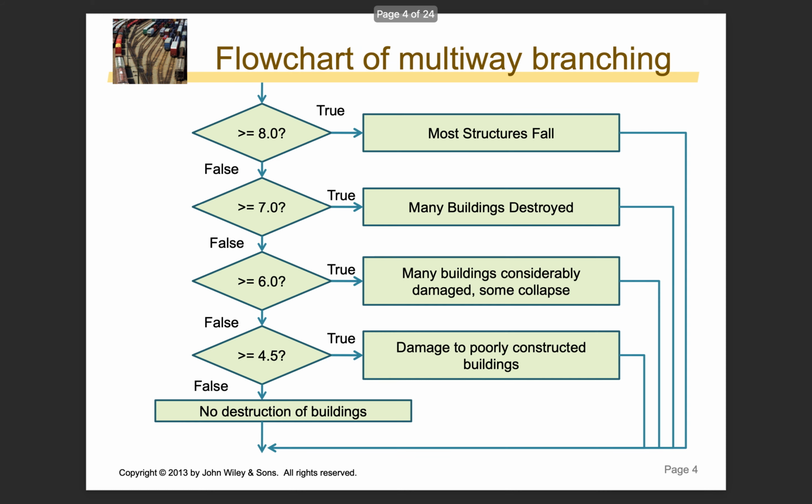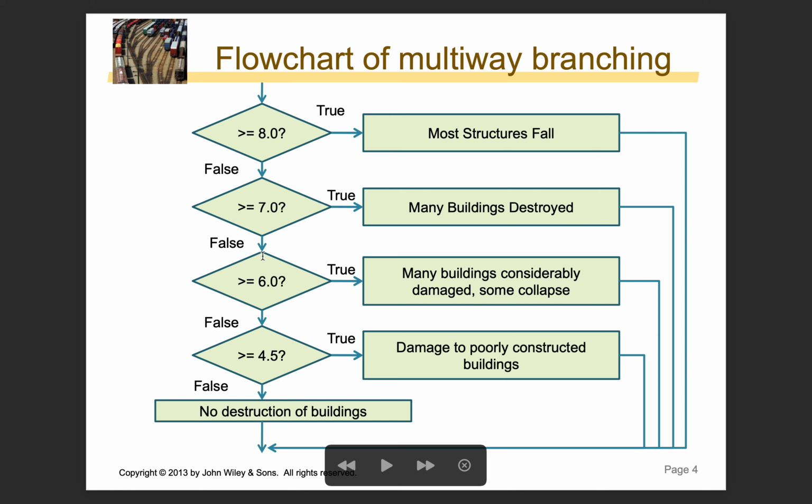Okay, so let's look at this Richter scale as a flowchart. We come in with our value on the Richter scale, and we test the most specific case first, which is if it's greater than or equal to 8. And if it's greater than or equal to 8, most structures fall. Else, if it's greater than or equal to 7, okay, but it's failed the greater than or equal to 8 test, so we know it's between 7 and 8. If that's true, many buildings are destroyed. If it's false, then we check if it's greater than or equal to 6.